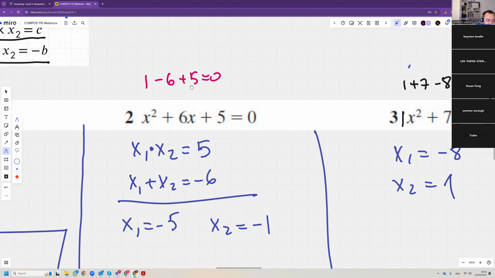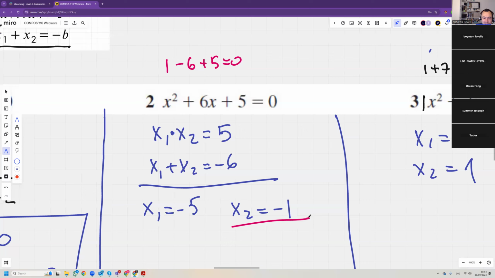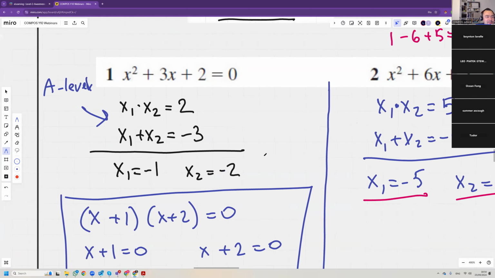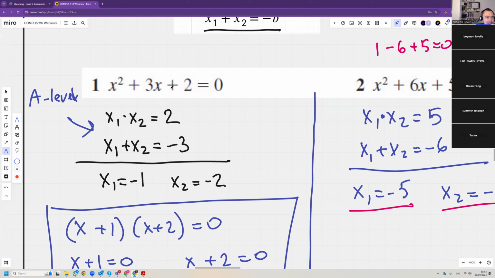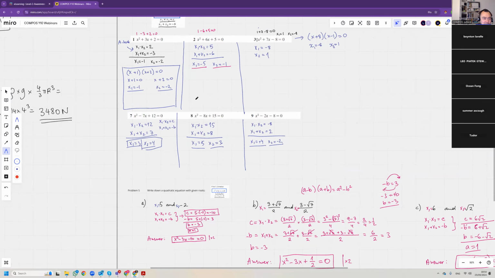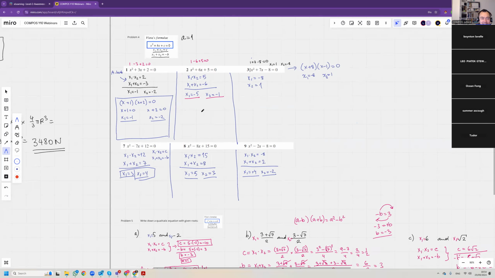That's a special case too. Look, minus 1 and minus 5. This one, x plus 3 minus 2. So 1 minus 3 plus 2 is 0. Therefore, it's special case 2 again. So out of 6 questions, 3 of them were special cases.